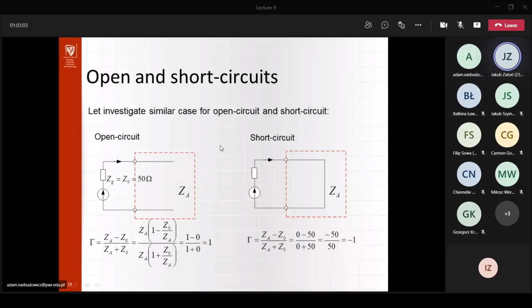Okay. So does it mean that for the open circuit we have 100% of losses because the signal cannot go anywhere? This is a good question. It doesn't really mean we have 100% of losses. It really depends on how you define losses. That's the point.